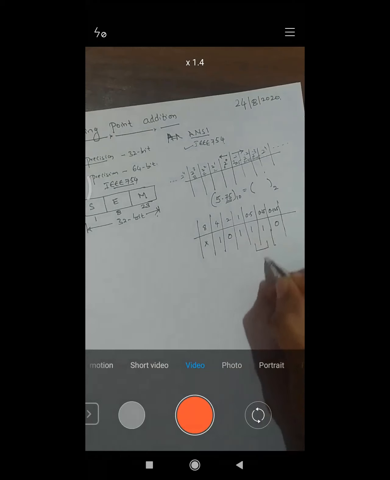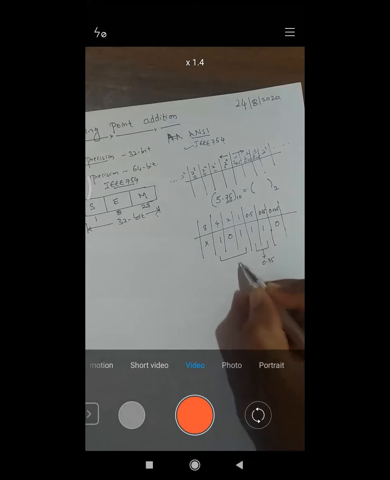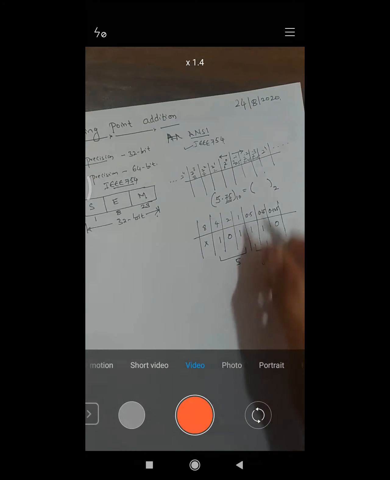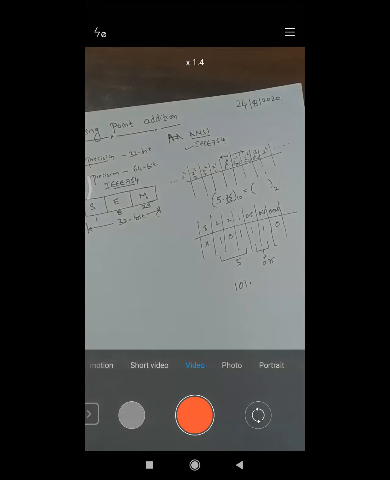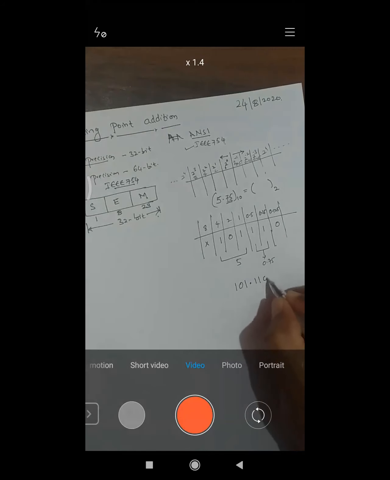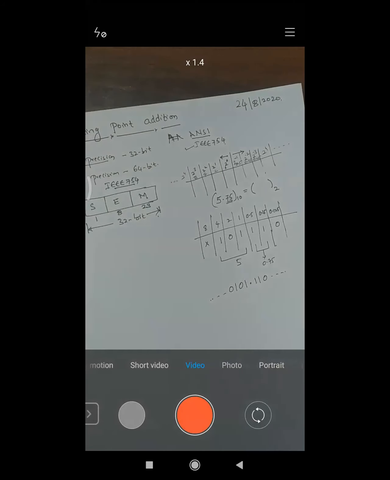So this 0.75 is made up of those two, and this turns out to be 5. So the equivalent binary number will be 101 dot 110. So the 0 at the back won't represent anything.